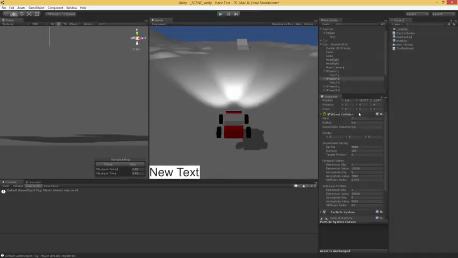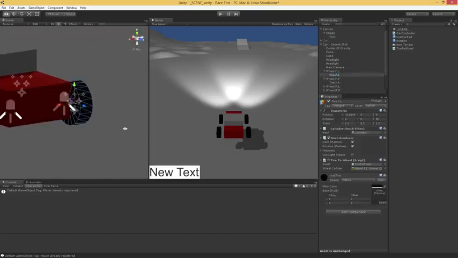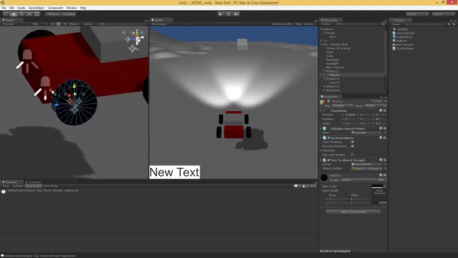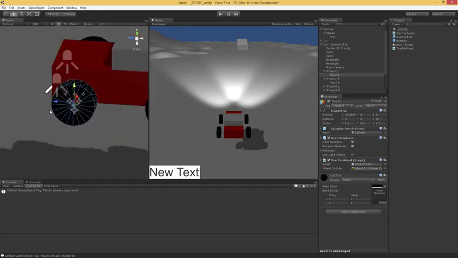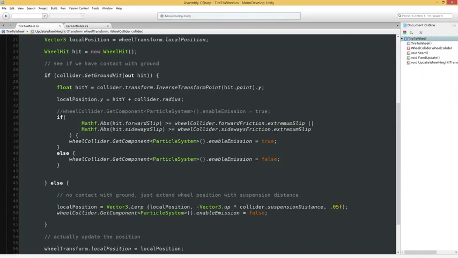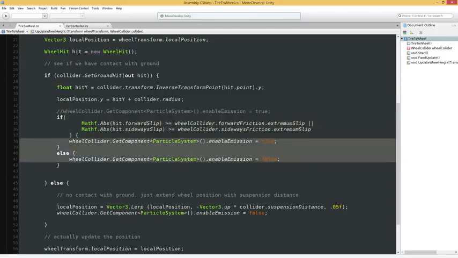But basically, the wheel collider is just a simulator. And so what you have to do for your actual visual tire over here, you need a script on it. And this script is responsible for moving this visual mesh to meet what is being simulated. I'm not going to go into that script too much because partially, this is the bit that determines if we're skidding and then turns the particle systems on and off.